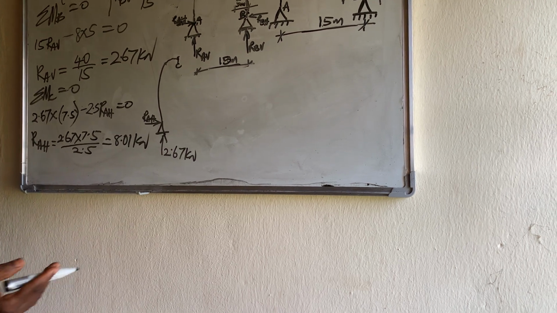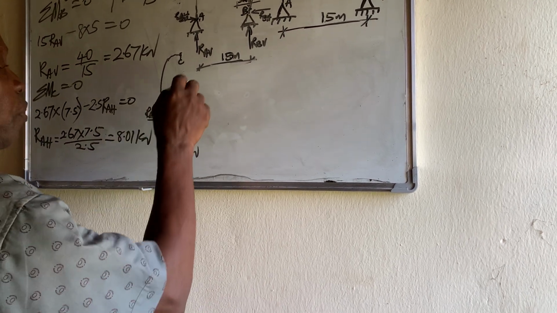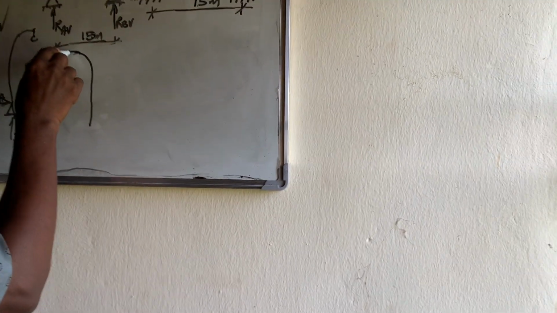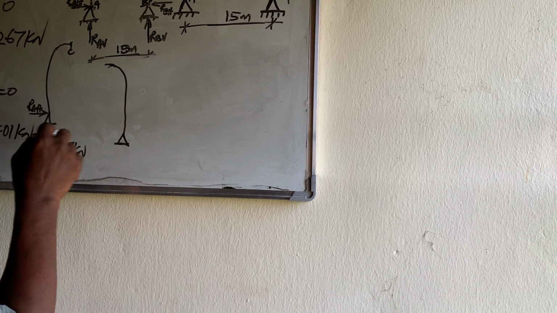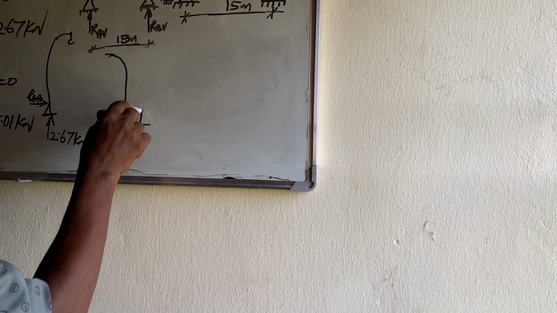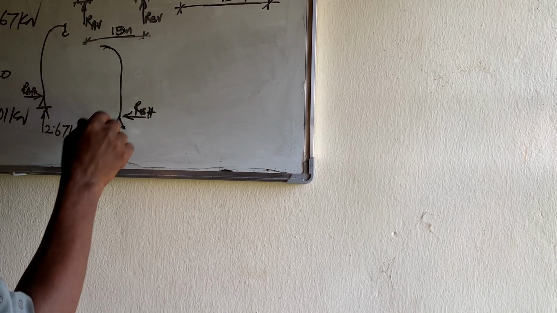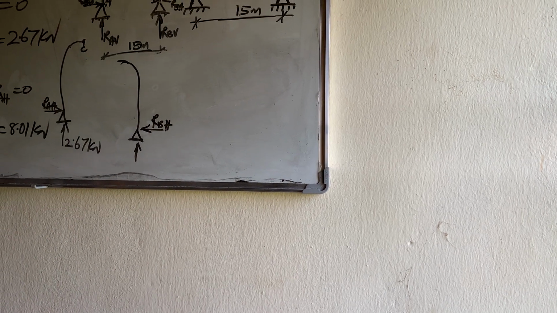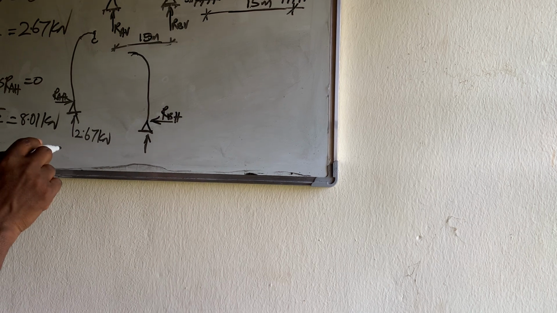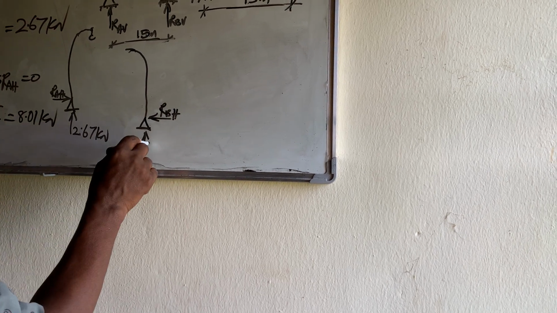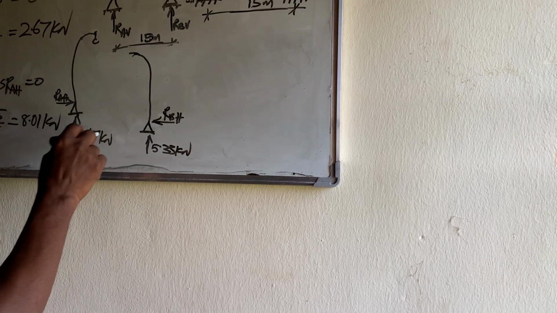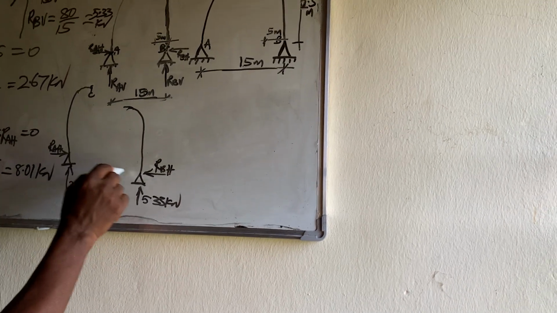Then to get R_B horizontal, the same way, you cut the arc. Look at R_B horizontal. R_B vertical was found to be 5.33 kilonewtons.